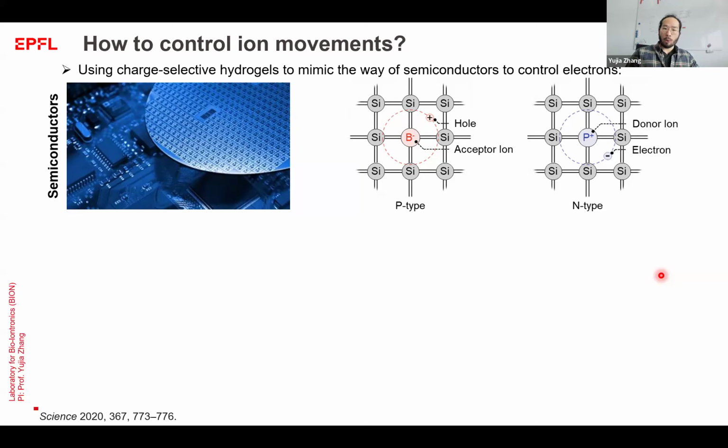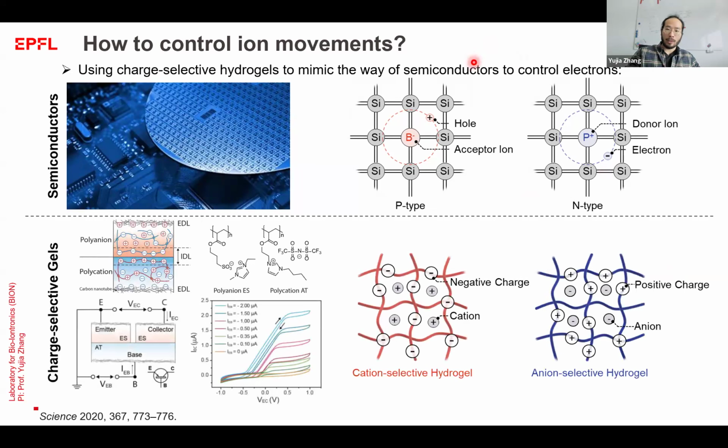So in this case, we were thinking about how electronics controls the movement of electrons, based on p-type or n-type semiconductors, basically by doping a silicon wafer with different ions, right? So maybe we can achieve the same thing with hydrogels, and in this case, we mimicked the p-type and n-type semiconductors by using just cation selective hydrogels and anion selective hydrogels.